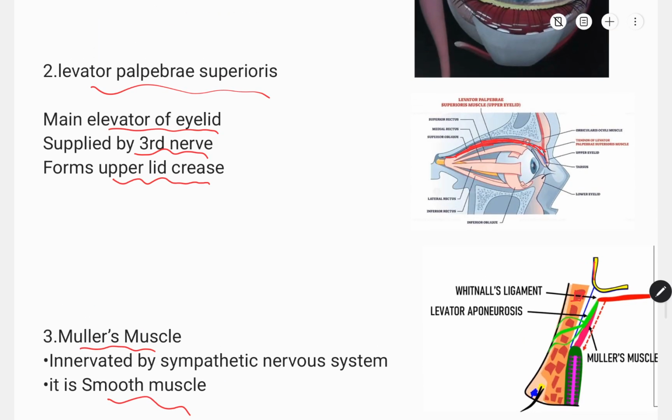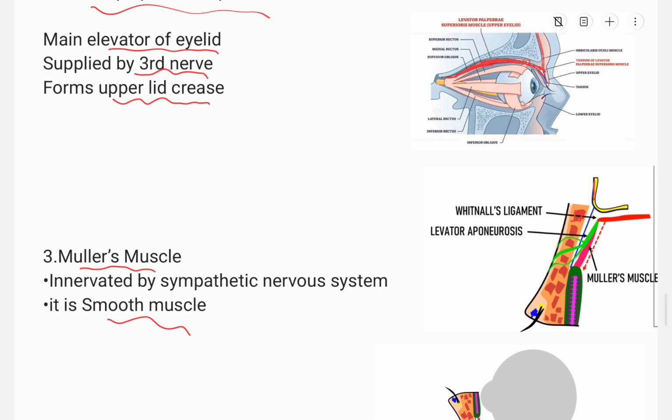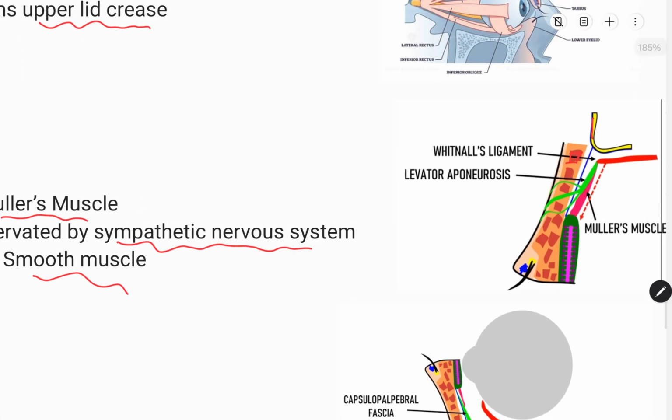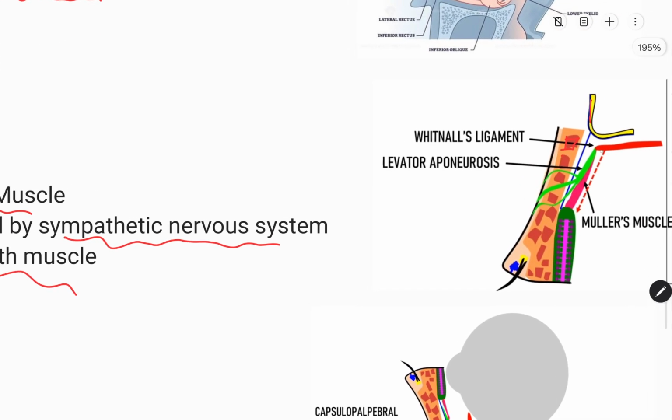The other two muscles we have discussed earlier are actually skeletal muscle, but this is a smooth muscle, Muller's muscle, and it is innervated mainly by the sympathetic nervous system. So you can see about this Muller's muscle. This is levator muscle. It is forming its aponeurosis, this green one, and this aponeurosis is passing through the orbicularis oculi muscle.